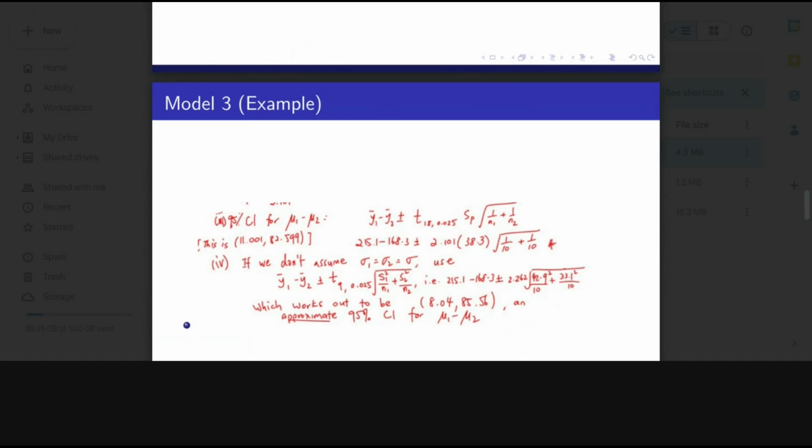If we don't assume equality of variances, and we use this funny formula that I told you is not t, then anyone know why this is 9 now? Why does the degree of freedom change from 18 to 9?